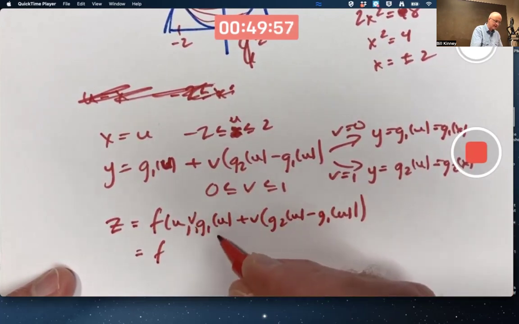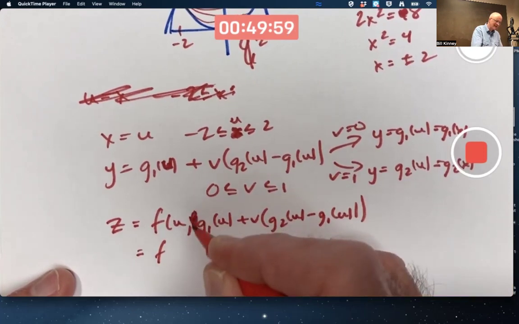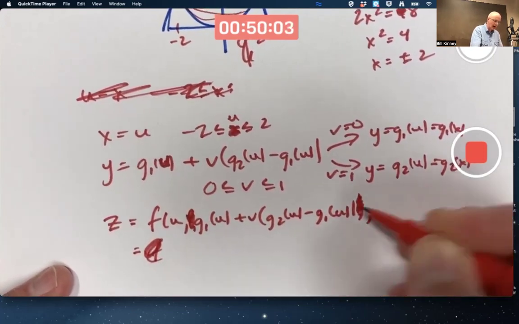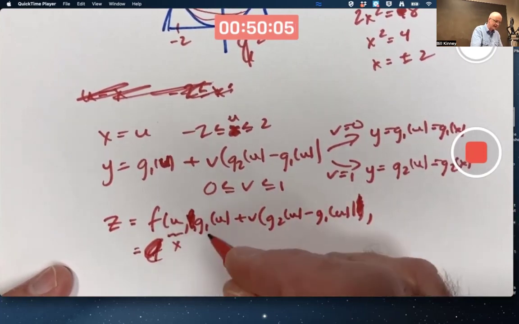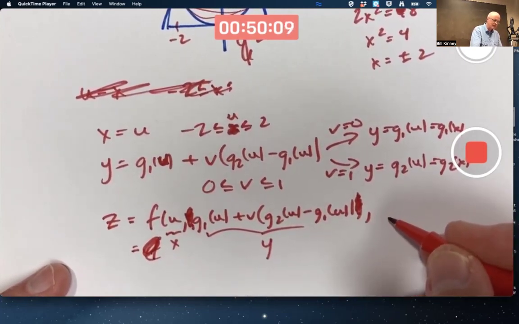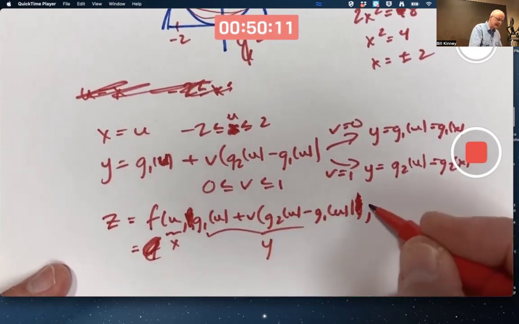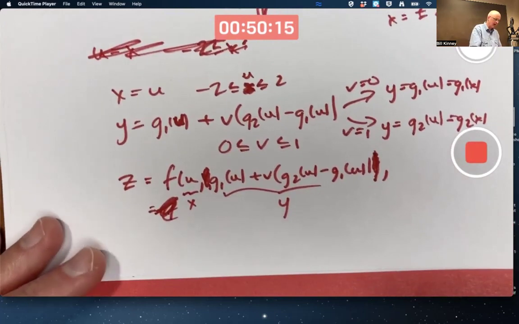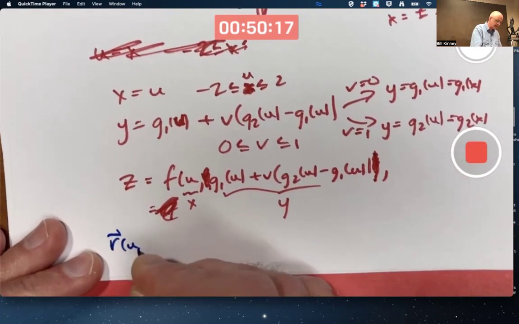That's got to be the z, no, oh, sorry. That is y. This is x. This thing is y. Then you plug those things in. I'm getting confused. Yes, this is correct. I still haven't figured out r yet, though.